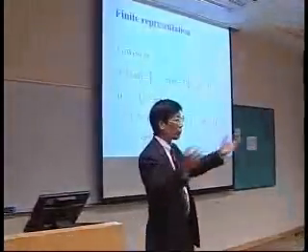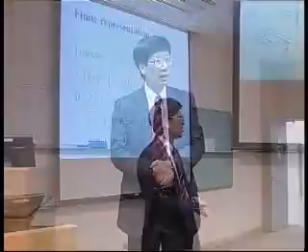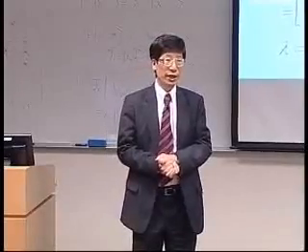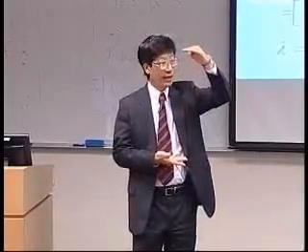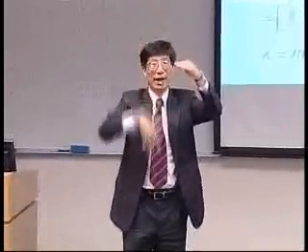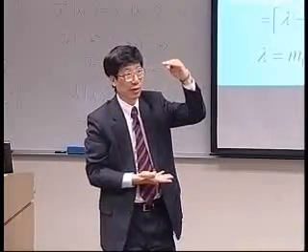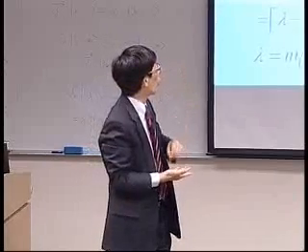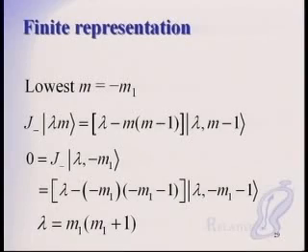Now, infinite dimensional representation, I won't bother. If it's a finite representation, there must be a lowest m and a highest m, right? Because if you can keep going all the way up and down, that would be an infinite dimensional representation. So let me call the lowest m value minus m1. So minus 0.7, is that possible?